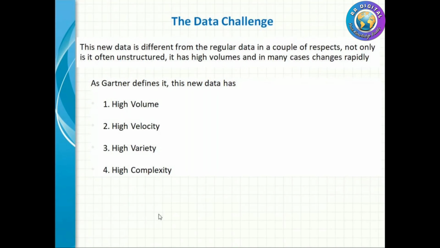And coming to high velocity. Velocity means you have to store your data very fast, near real time. For example, you do one transaction in an ATM. That transaction you have to store immediately. There is no technology to store data that fast.